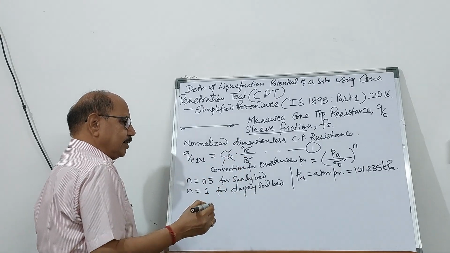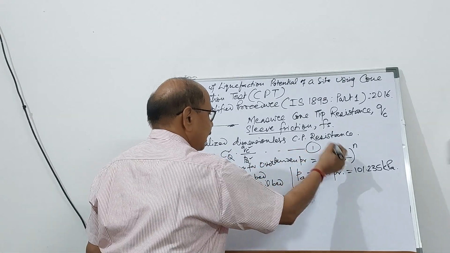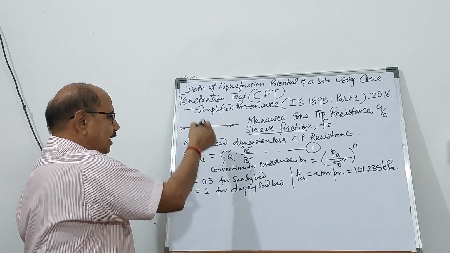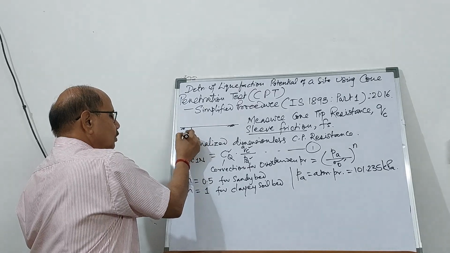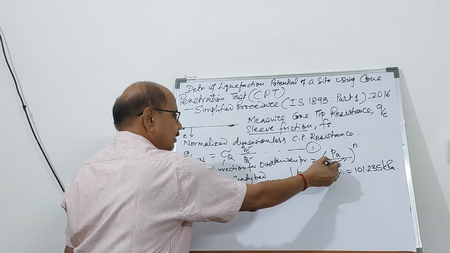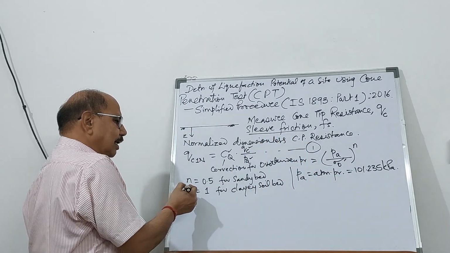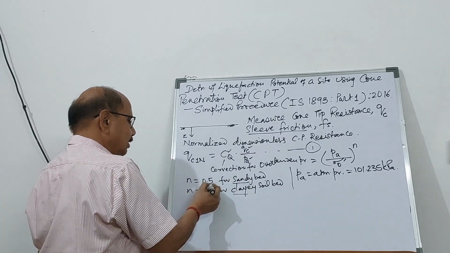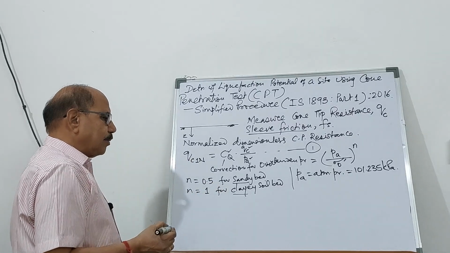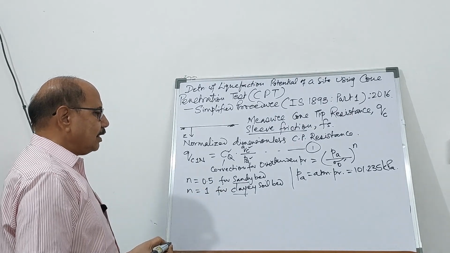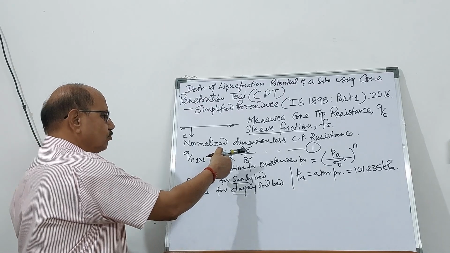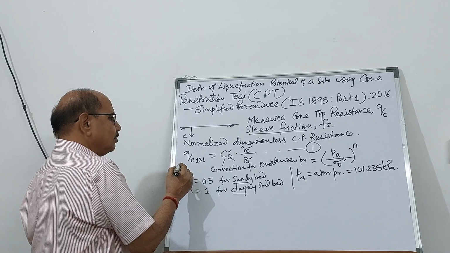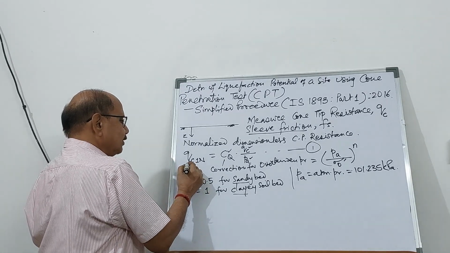CQ you have calculated because you know the atmospheric pressure and you can calculate the effective overburden pressure at the given depth. So at any depth, we can calculate the effective overburden pressure. And depending upon the ground condition, whether it is sandy or clay soil, we can take the appropriate value of n. And therefore, from expression 1, we are in a position to get the normalized value of cone penetration resistance.